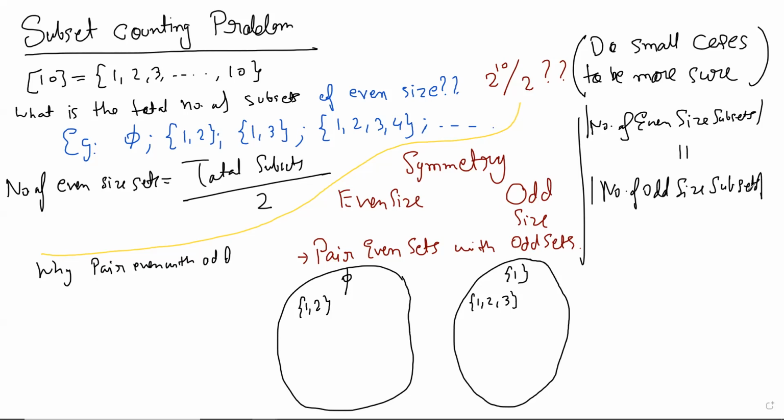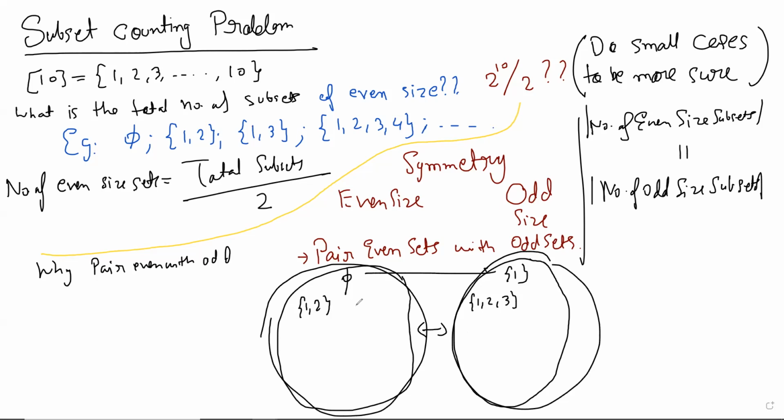So we basically want to show that these two collections have the same size. And a natural way to do that is to pair the things. From the collection of even subsets and the collection of odd subsets, we develop a pairing. If you can pair the elements, then you know that the size is the same.